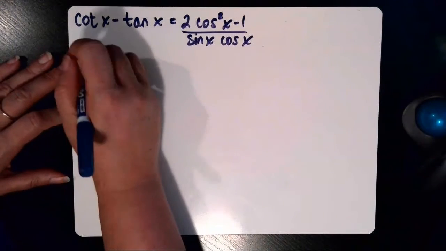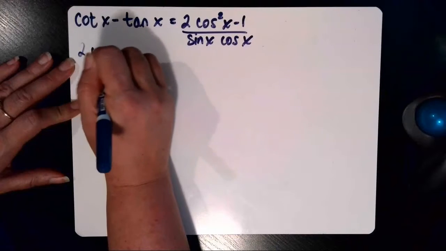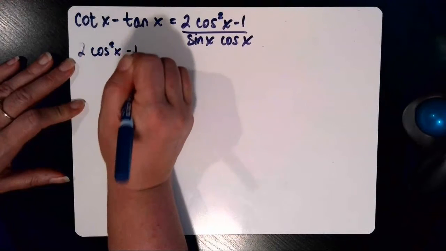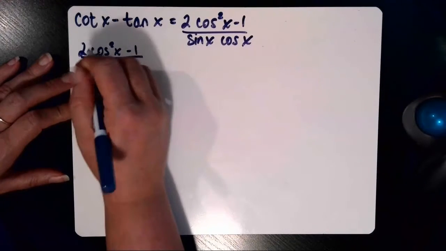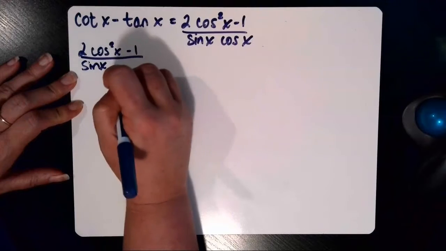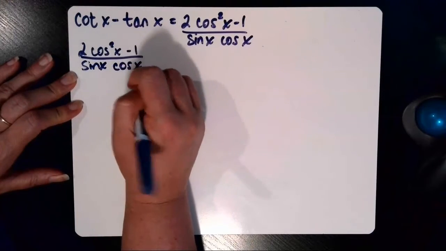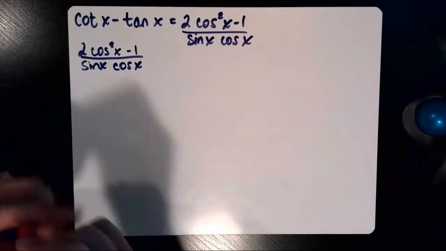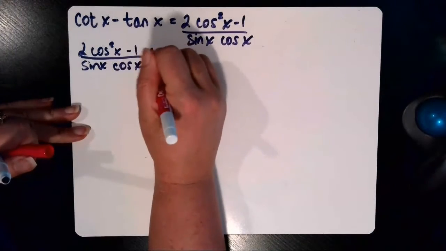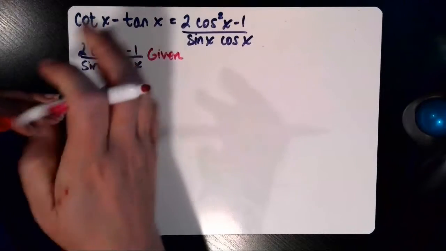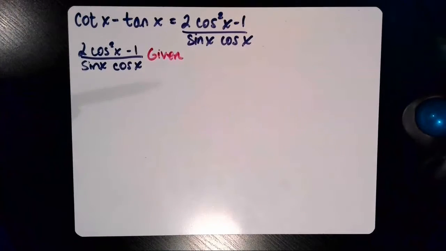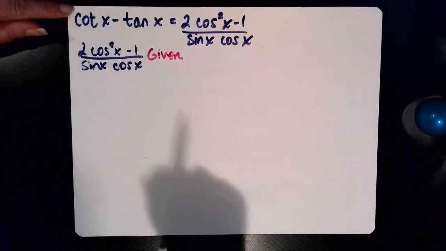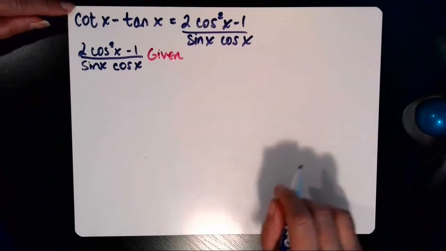So we're going to start with the 2 cosine squared x minus 1 all divided by sine x times cosine x, and we're going to use that as our given information, and then we'll verify to show that it equals cotangent of x minus tangent of x.